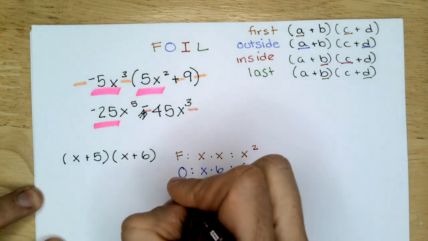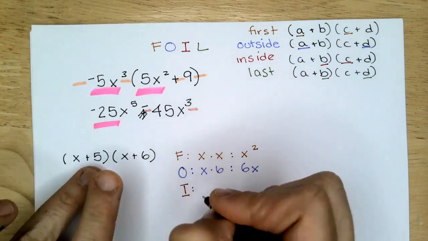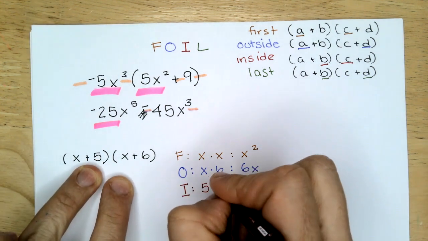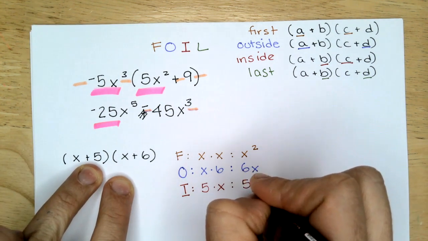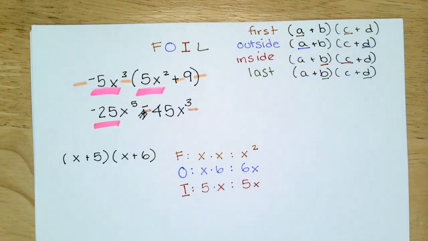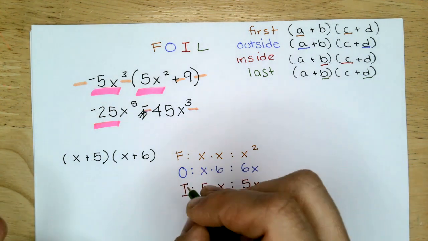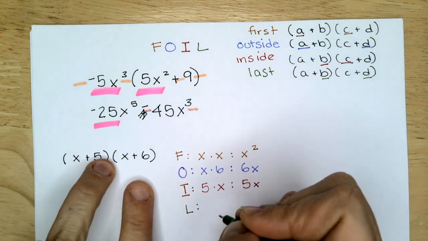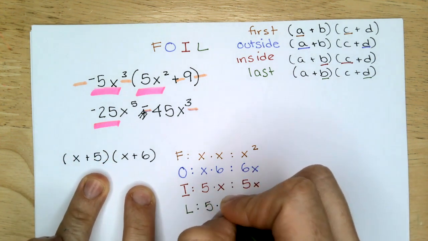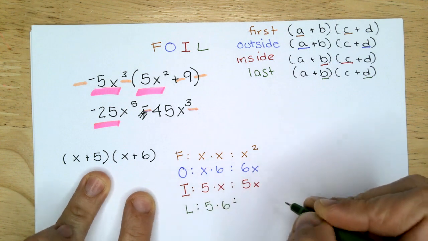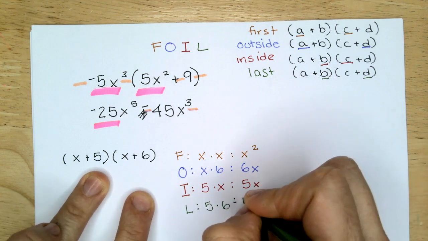Inside means the two innermost terms, 5 times x. I'm just going to call it 5x. And then L is for last. The two last terms of the pair is just 5 times 6. 5 times 6 is, what did we say, 30?